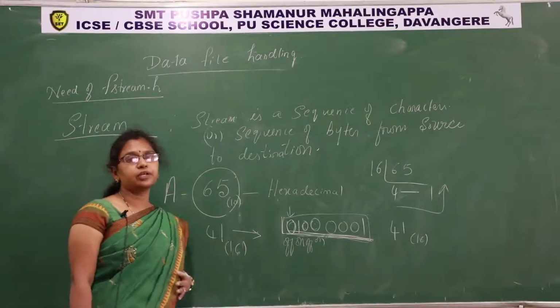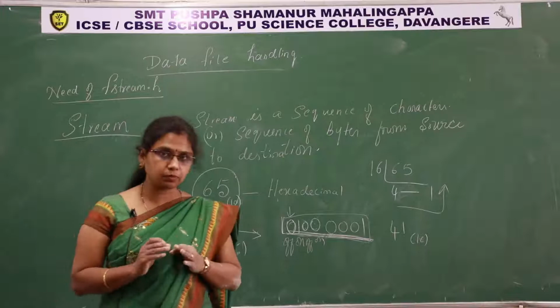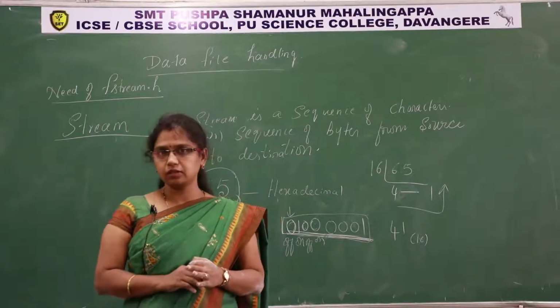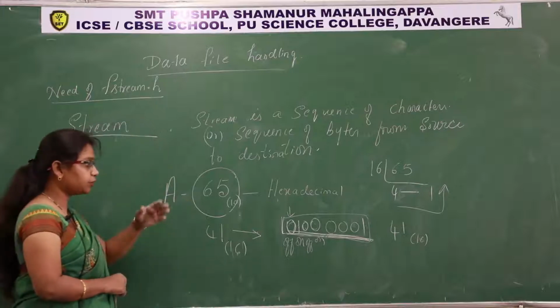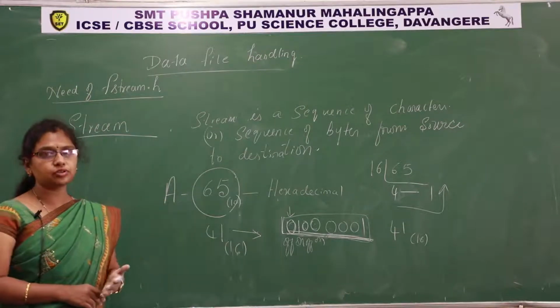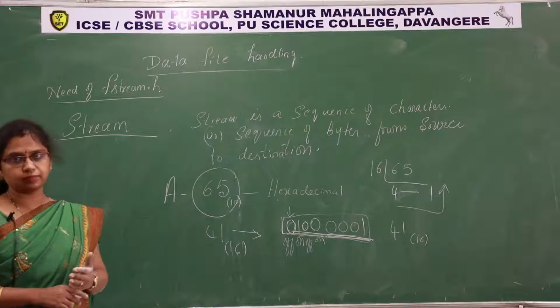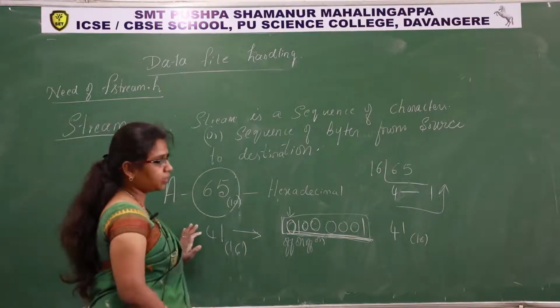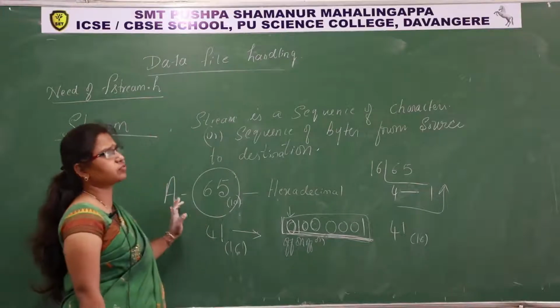Right now what you need to understand is, in any C++ program, what are the different streams available? One is the input stream, another is the output stream, and one more is the error stream. Right now I am explaining the input stream. An input stream is nothing but a sequence of characters.